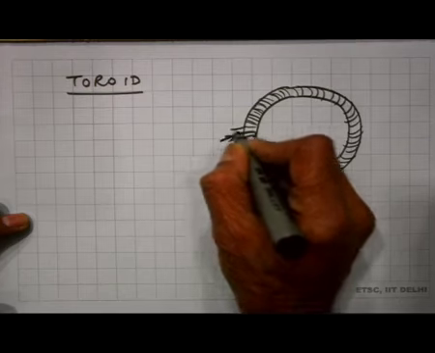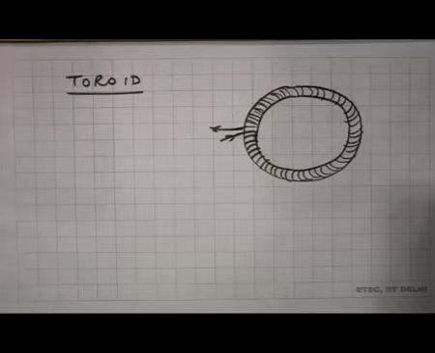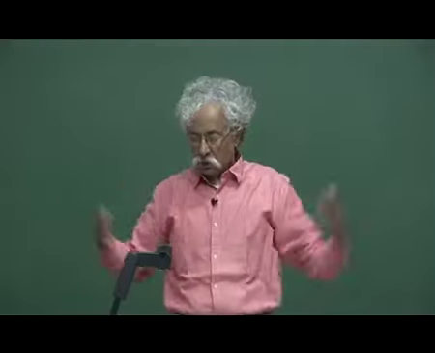Current enters from here and leaves out from here. So, that is a toroid. If the radius of the toroid becomes very large, it is almost straight, it tends towards an infinitely long solenoid.